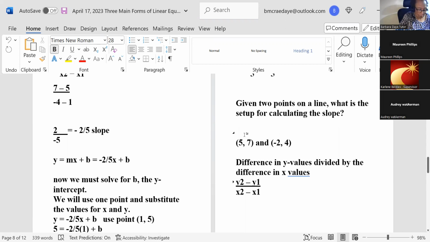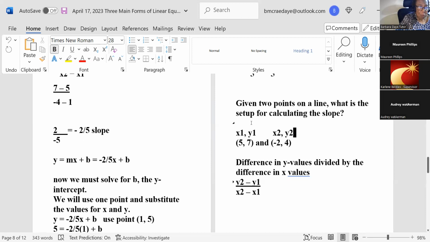Suppose you say, I'll call that my x1, comma, and I'll call that my y1. And there's this other set, I'm putting the values over. This will be my x2 and my y2. Okay, Audrey, you see I labeled them.